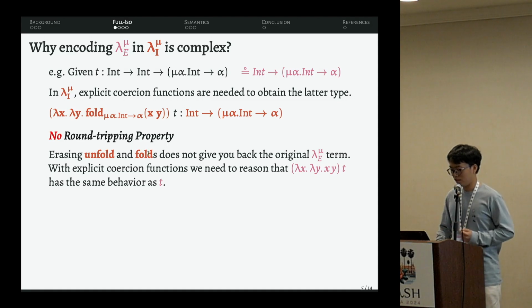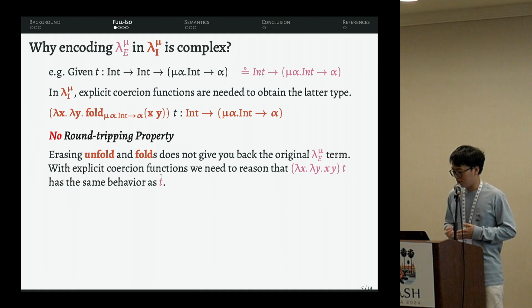With this example, you need to reason that this function application has the same behavior as the original term. Although it is clear here that they're equal by beta and eta expansion, you can imagine that with larger programs this semantic reasoning can be quite complex.